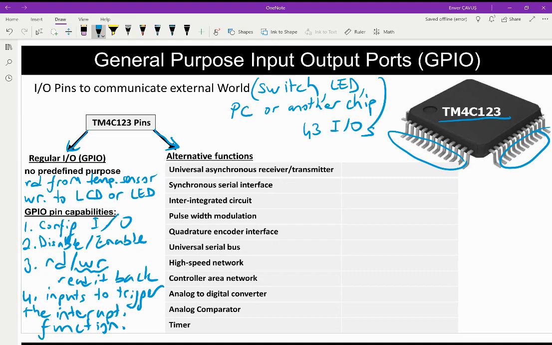Another capability of these GPIO ports is that we can configure them as an alternative function, such as UARTs, or we can use them as a synchronous serial interface. This short way of writing is SSI, but in reality this is known as SPI, the Serial Peripheral Interface.